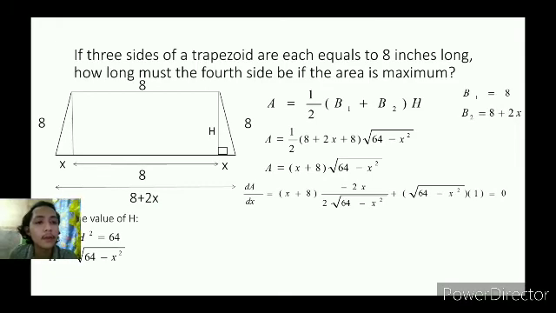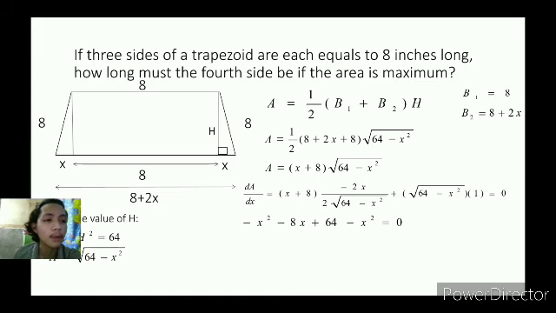We'll now divide negative 2 by 2. What will remain is negative x, and x times negative x is negative x squared, and 8 times negative x is negative 8x. And we're gonna multiply both sides by square root of 64 minus x squared. That's why the square root is cancelled.